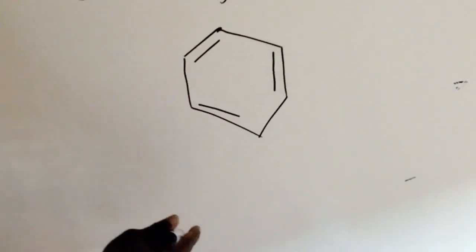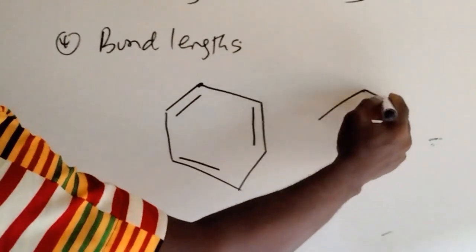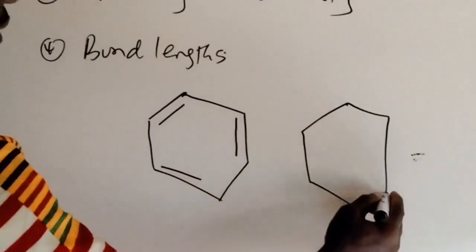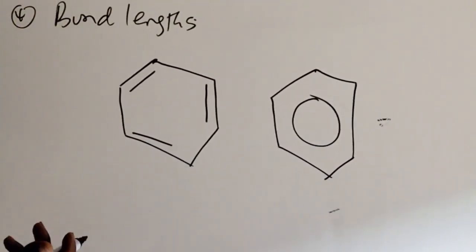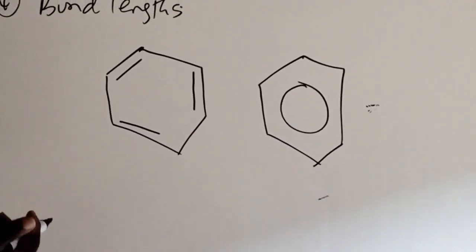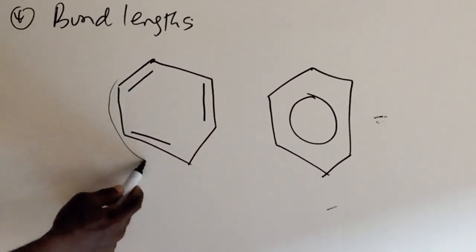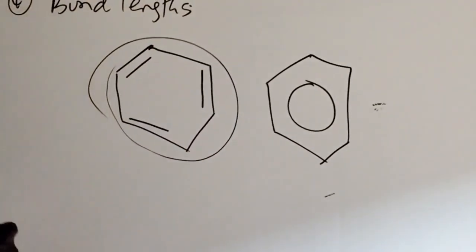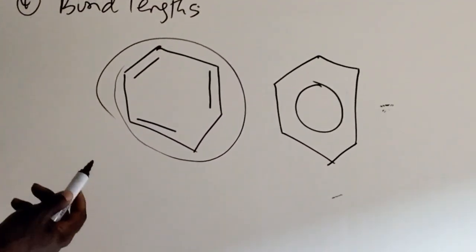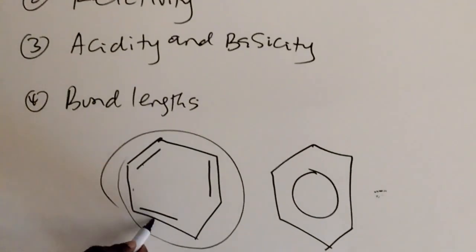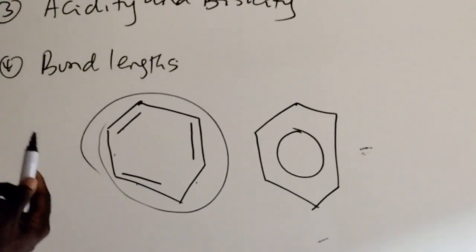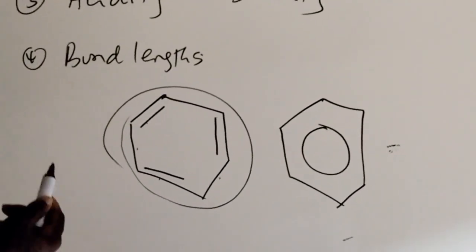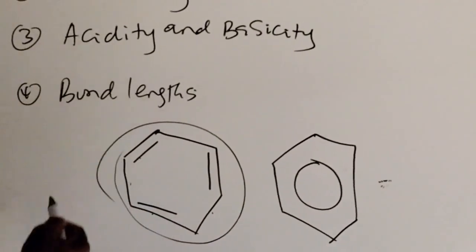That's why sometimes you see the benzene structure drawn this way. So we assume that the bonds in benzene are all equal in length, because of resonance. That is what is called equalization of the bond lengths.